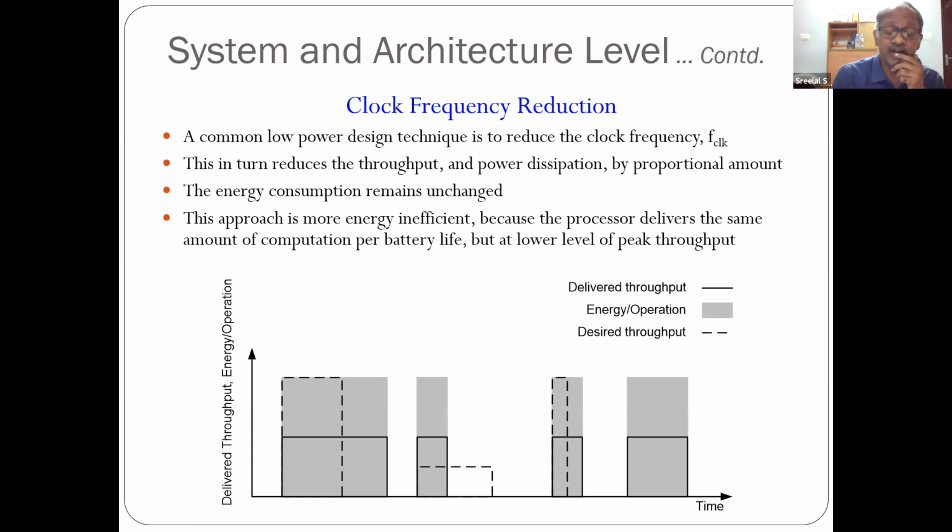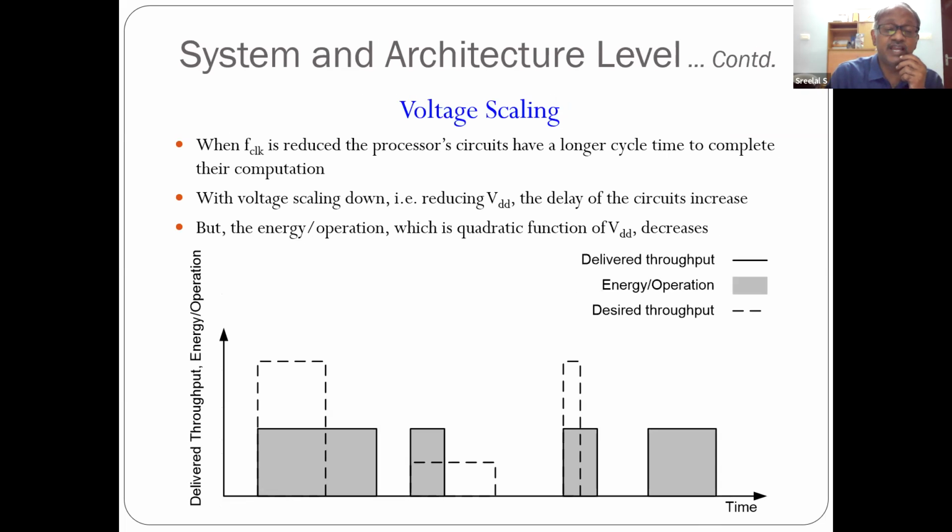Then clock frequency reduction, that is another technique which helps to reduce the power dissipation. Then voltage scaling, that is, reduce the voltage properly. And nowadays, there are even circuits which scale their own voltages according to the activity that is required. By sensing the activity, the appropriate portions of the circuit can be operated at a lower voltage.